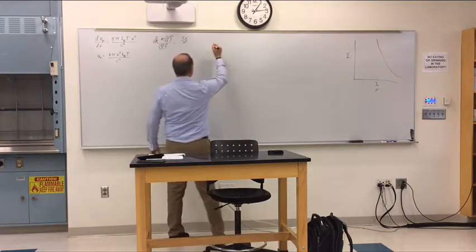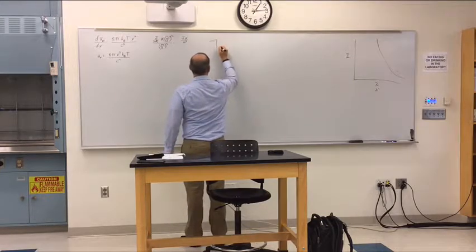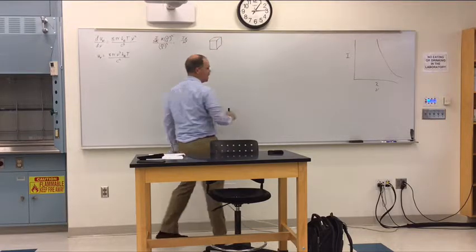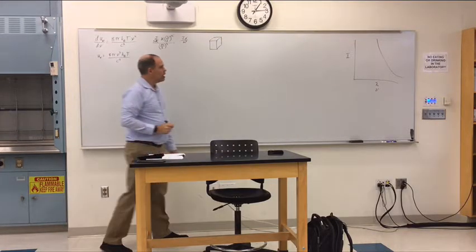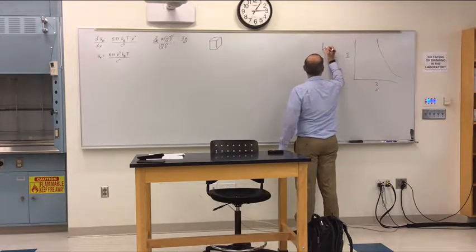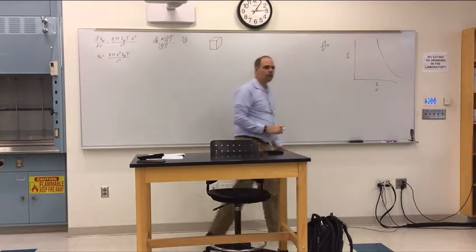So essentially what we're talking about is, this top one is the amount of energy in the box. What we're graphing over here is the amount of energy that's going through the back wall.